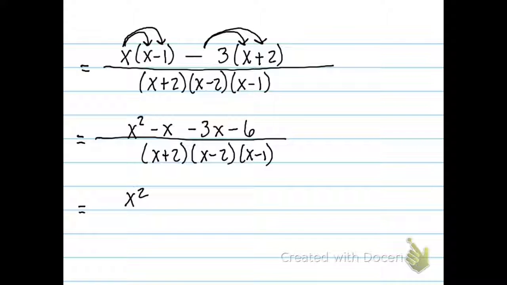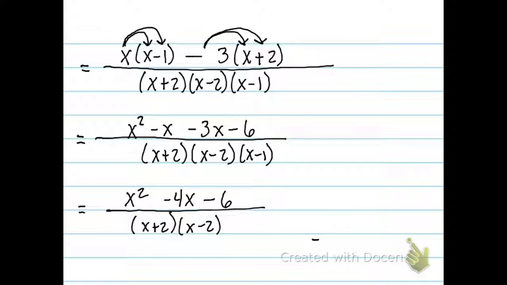Negative x minus 3x is negative 4x. And then we got minus 6. And that's over our denominator. And again, you don't have to multiply out the denominator. Just write it in factored form. Now the numerator won't factor, so we are done.